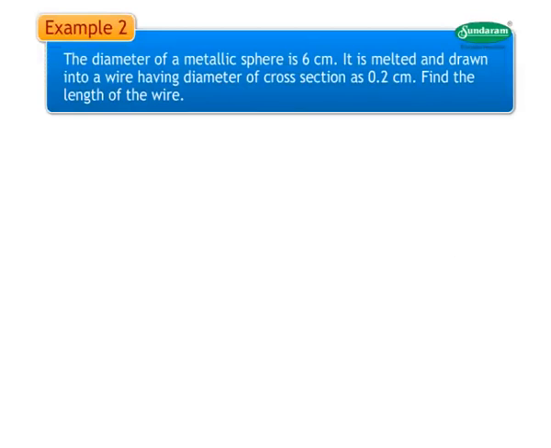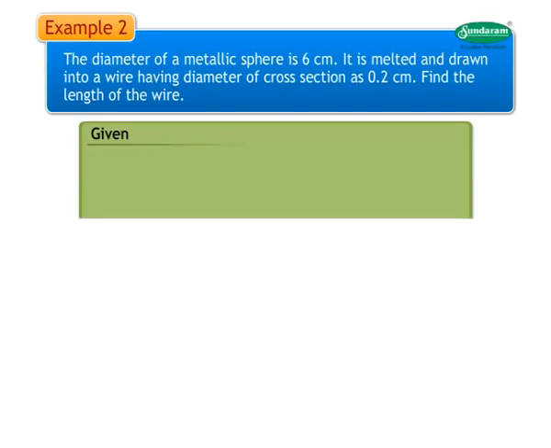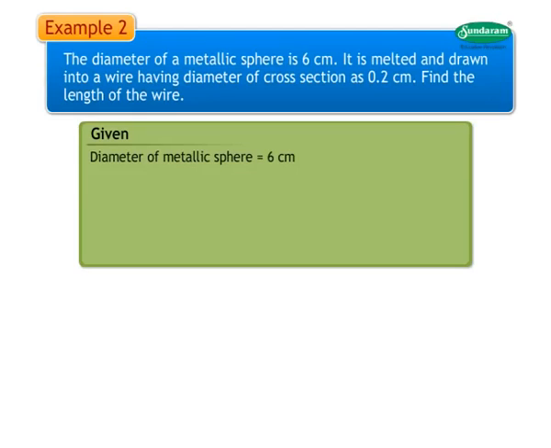Example 2. The diameter of a metallic sphere is 6 centimeters. It is melted and drawn into a wire having diameter of cross-section as 0.2 centimeters. Find the length of the wire. Given, diameter of the metallic sphere is equal to 6 centimeters.